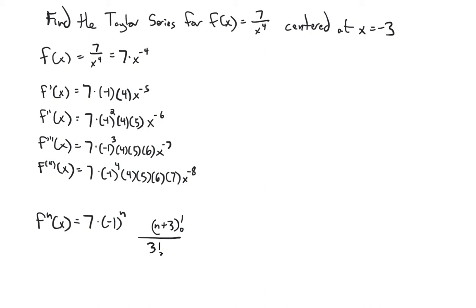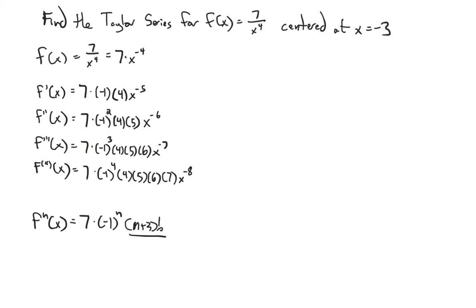Actually, I don't need to leave any room. Let me rewrite this a little bit closer. So it was n plus 3 factorial, and then we didn't have the first few terms. We were starting at 4, so I'm going to divide by 3 factorial here. There we go. And we have x to the negative n plus 4.